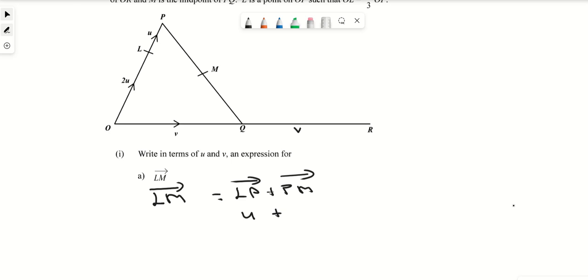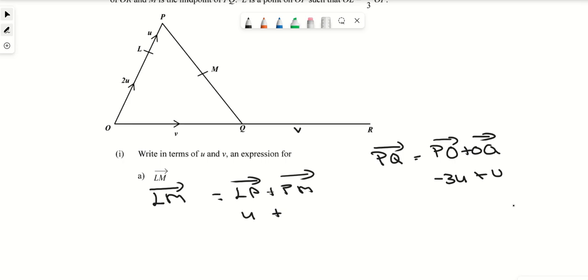First off, to find that, M is the midpoint of PQ, so we have to find PQ. To find PQ, it would be PO plus OQ, right? PO is going in the opposite direction. So instead of 3U, it will be negative 3U plus V, right? So PQ is this.